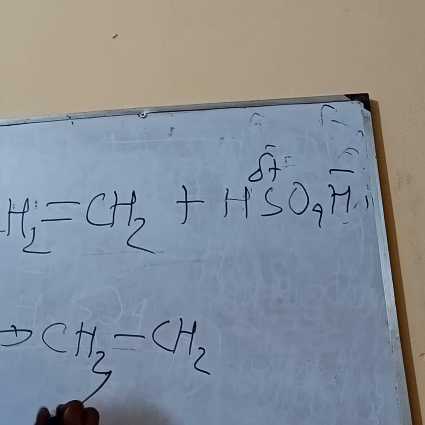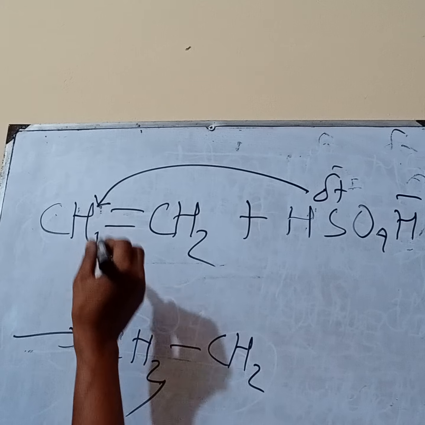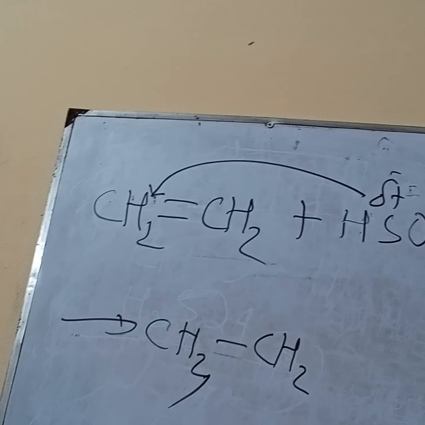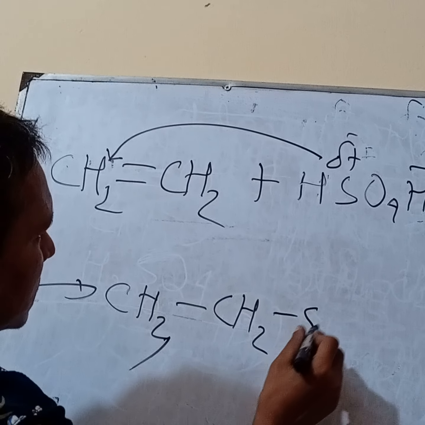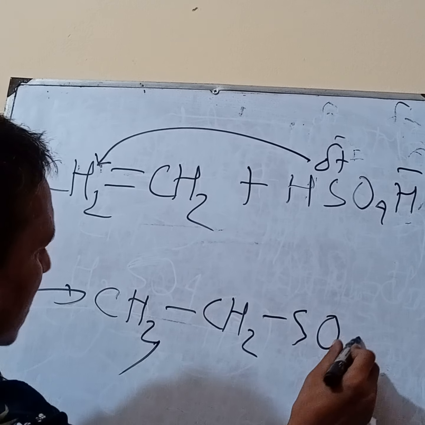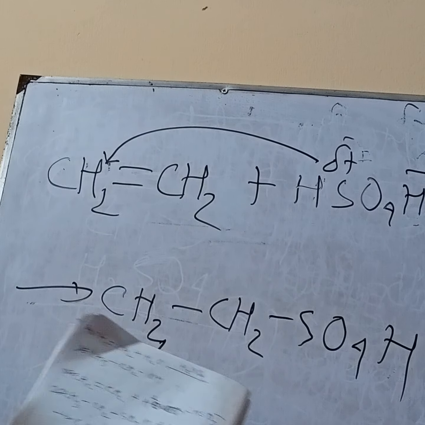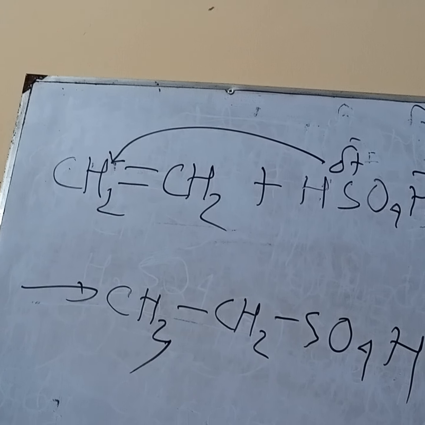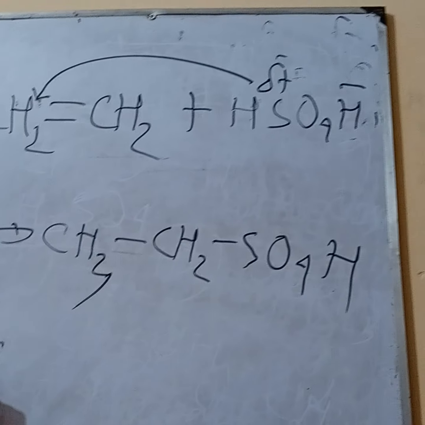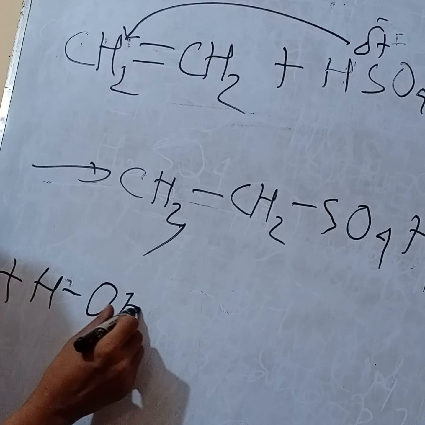Then C3, delta plus joined with the hydrogen, pi electron. CH3 CH2 OSO3H, ethyl sulfonate. Then water: I have to write water, HOH. Any problem?